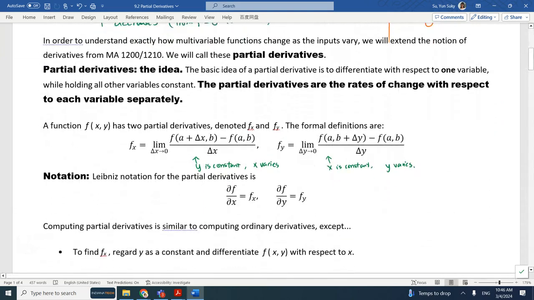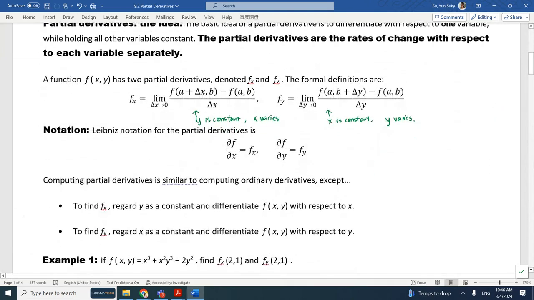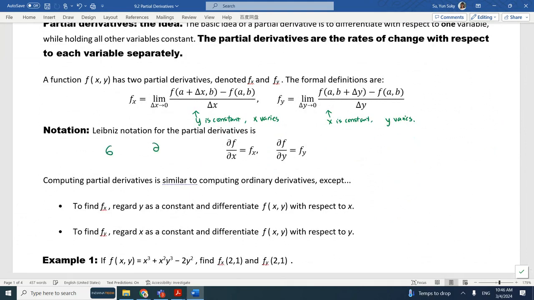The Leibniz notation for partial derivatives is this symbol. It looks like a 6, but you kind of flip it over. So this is partial f, partial x. We also use the subscript notation: partial f, partial y equals f sub y.